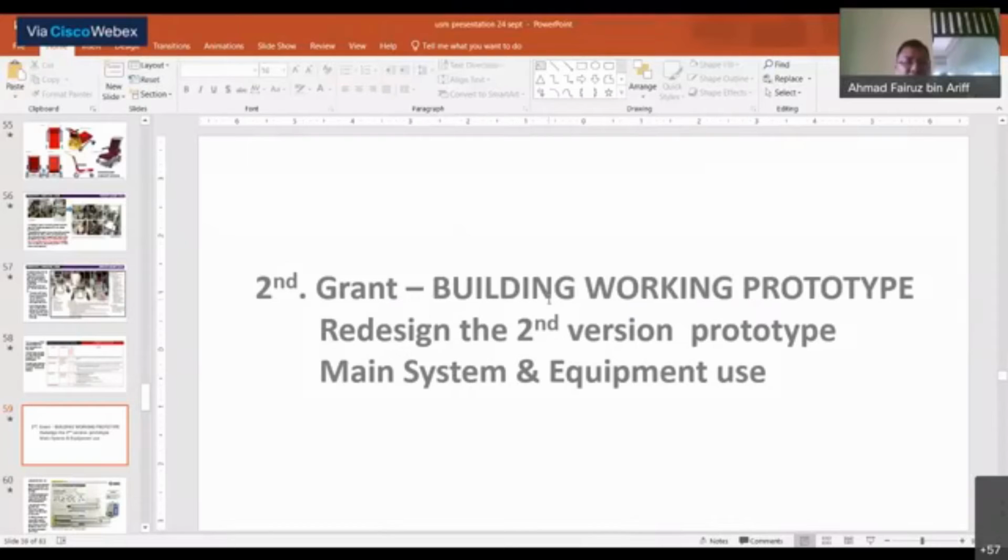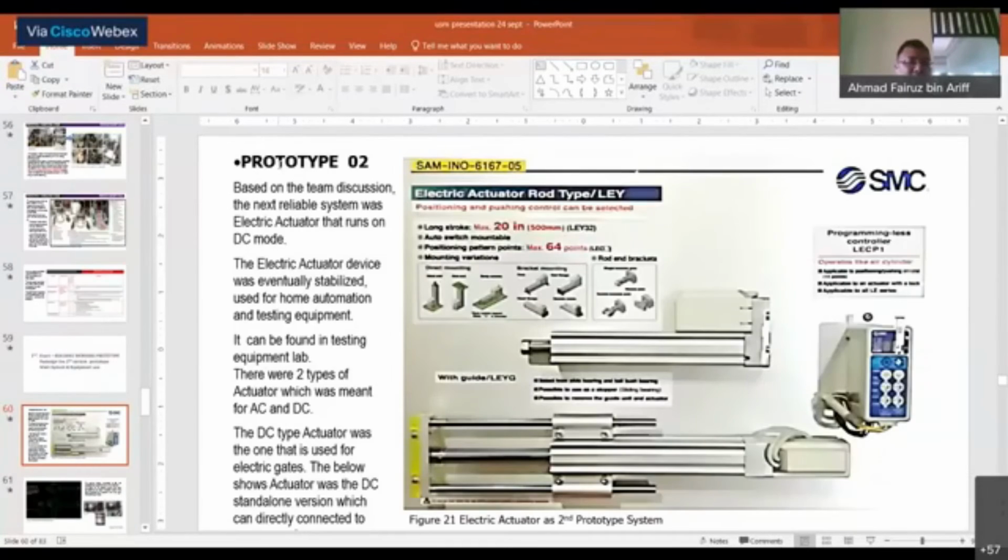So the second run is to build a working prototype and redesign the second version prototype, main system and equipment used. In getting the reliable lifting mechanism, we are aiming at an electric actuator. Based on the team discussion, the next reliable system was an electric actuator that runs on DC mode.